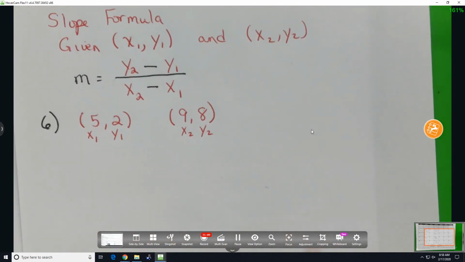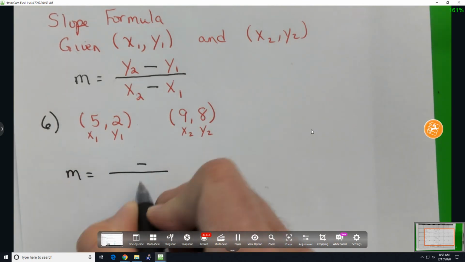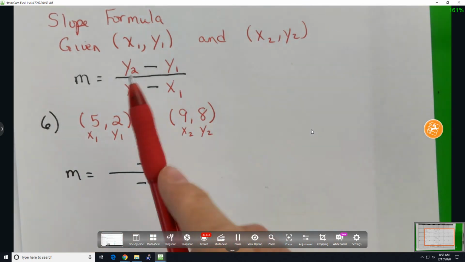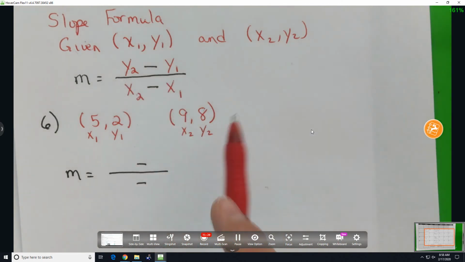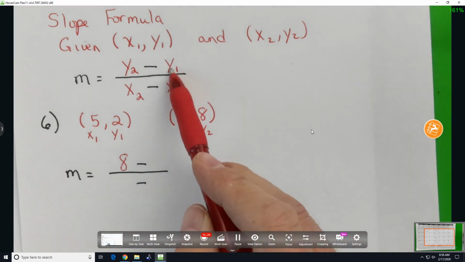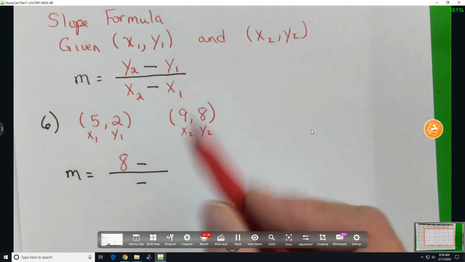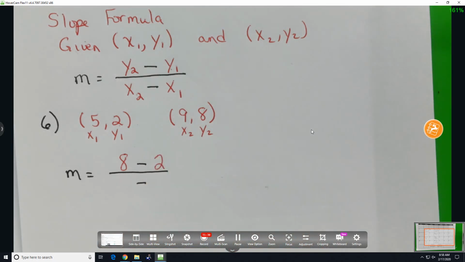And now I'm going to plug in. See, the y, I'm plugging in right here. Y2 is the 8. Y1 is the 2. When I subtract the y's, I'm getting the rise part.